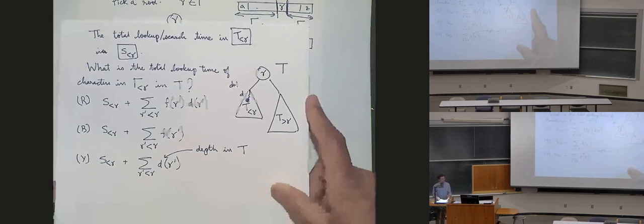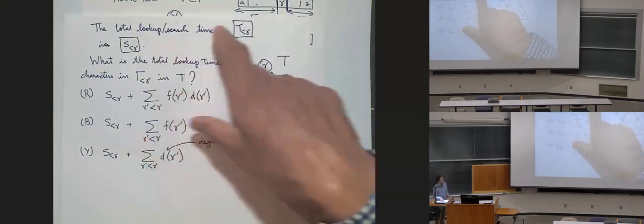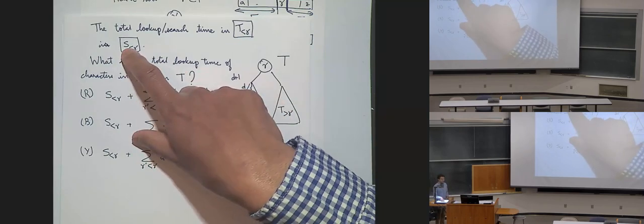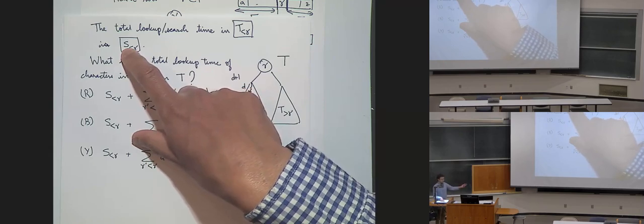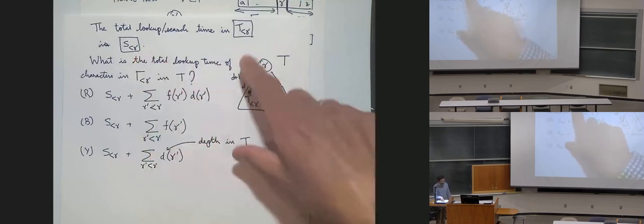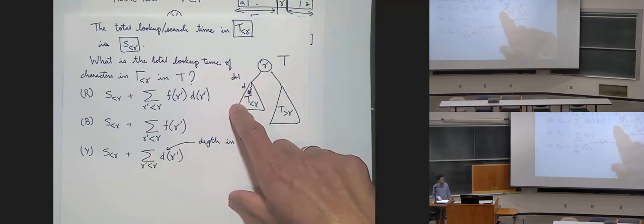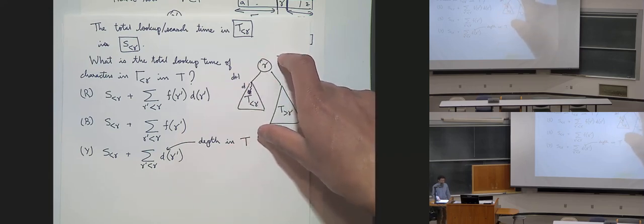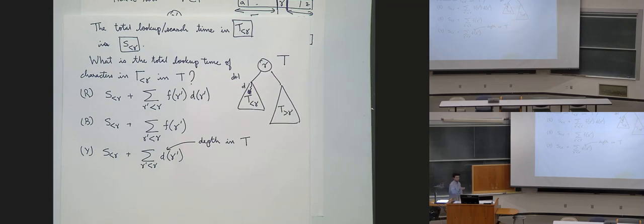So I'm just saying the total search time in the smaller tree is this quantity, which let's say you got by recursion. How are you going to figure out what is the total lookup time of all of the characters in that tree in the bigger tree? And I told you that the depth has gone up by 1.